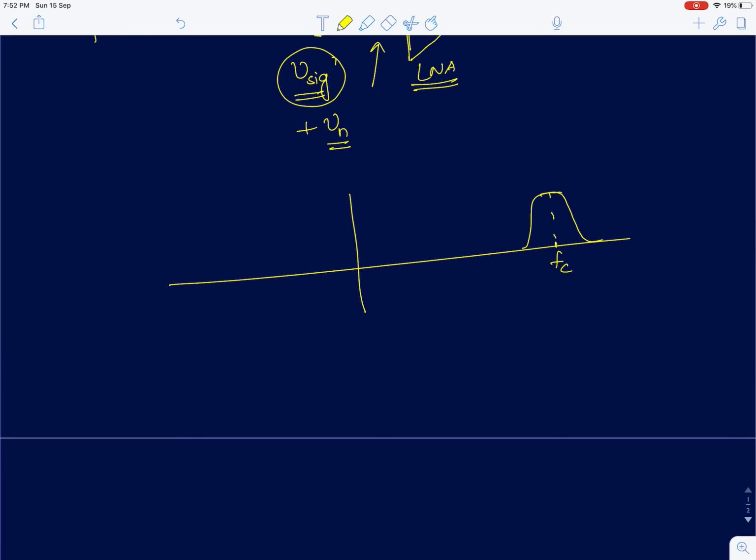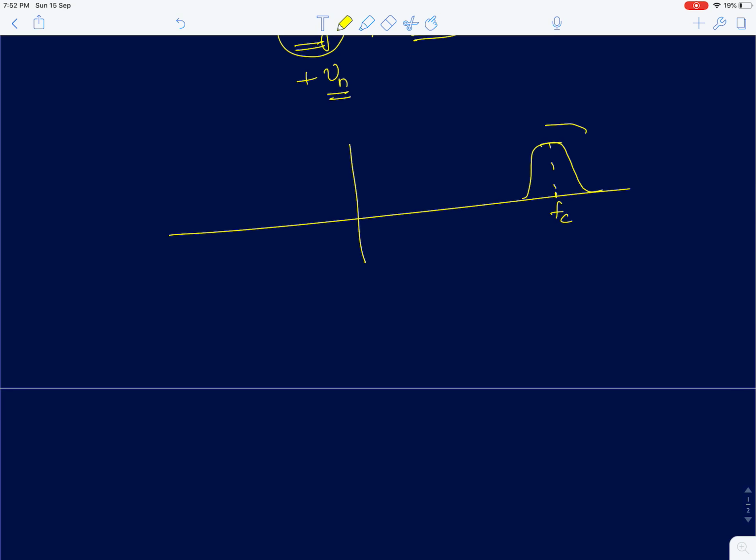So now you need a circuit which has to amplify signals in this narrow range of frequencies, either for the power amplification in the power amplifier or in the low noise amplifier at the receivers. Both transmitters and receivers need amplifiers which can amplify signals in a narrow band of frequencies.